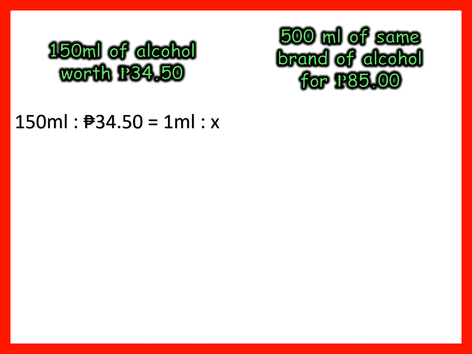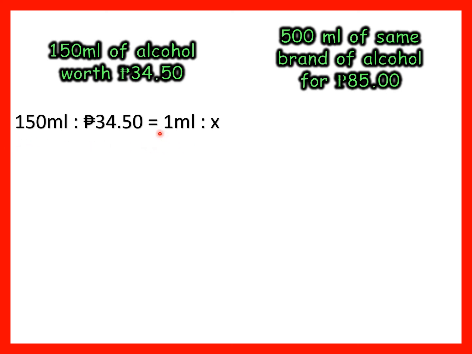So let us write a proportion for the first situation. That's 150 ml is to 34 pesos and 50 centavos equals 1 ml is to x. So we will find the cost for 1 ml.